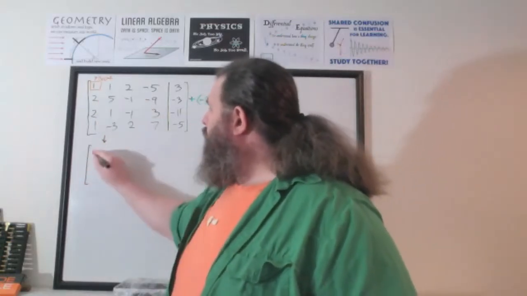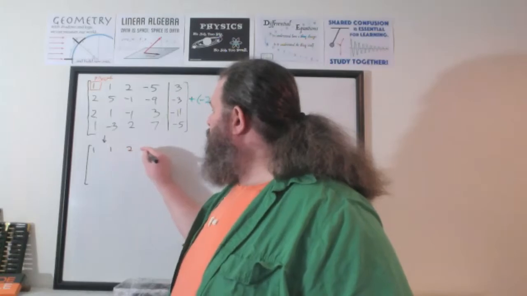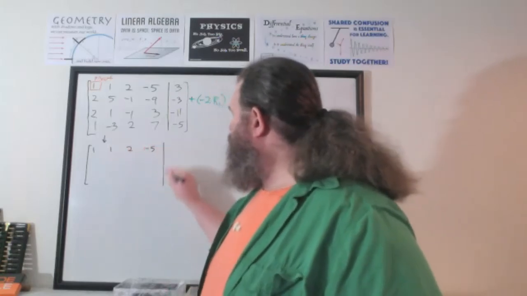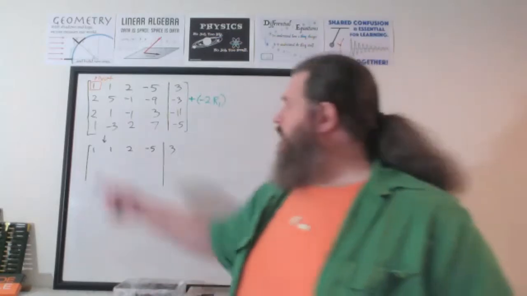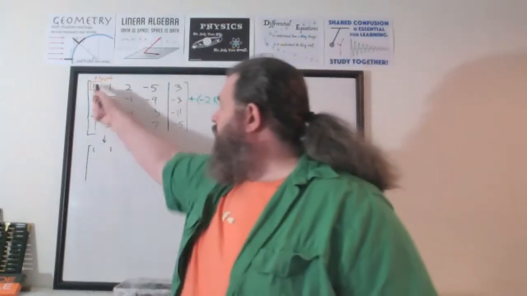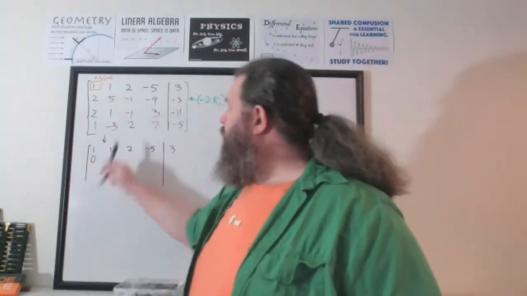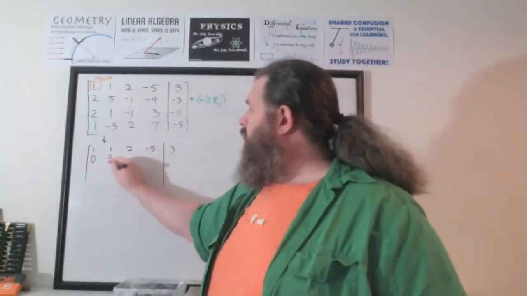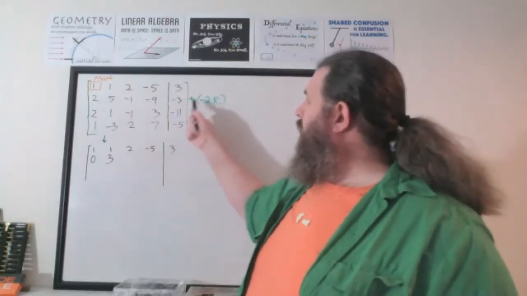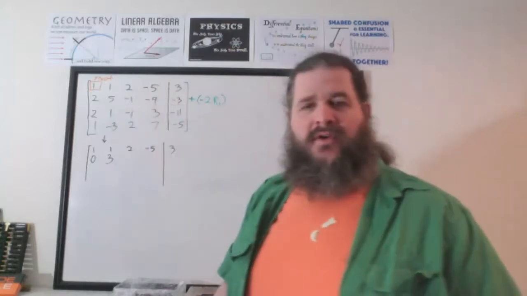So first row, we're keeping exactly the same. Second row, we're modifying. 2 plus -2 times 1 becomes 0. 5 plus -2 times 1 becomes 3. -1 plus -2 times -2.